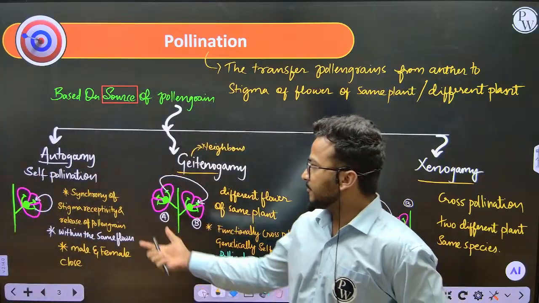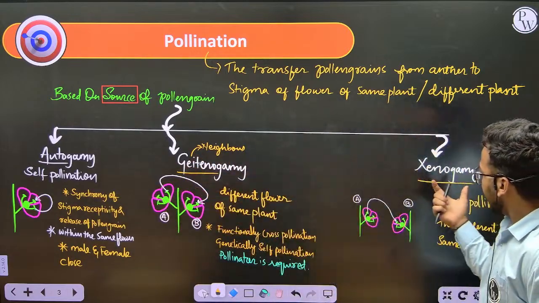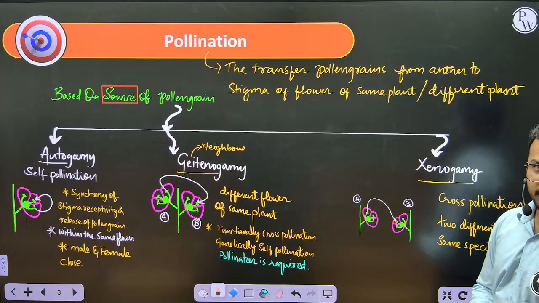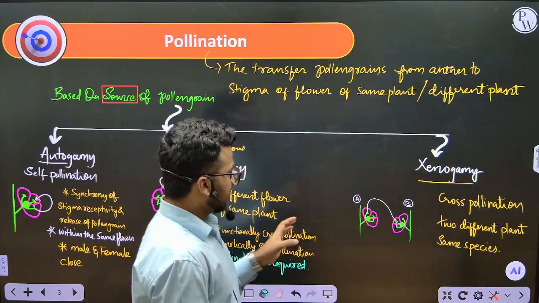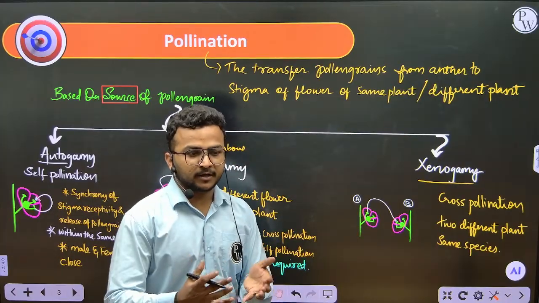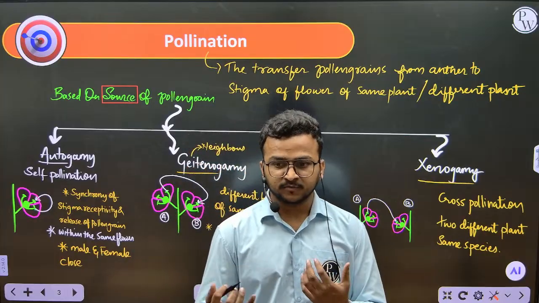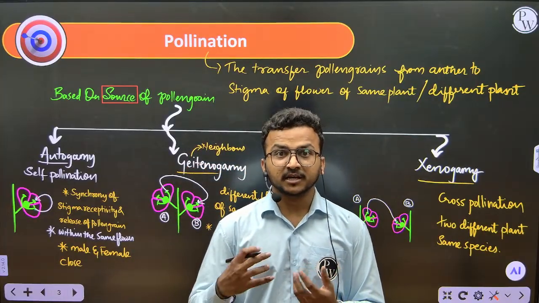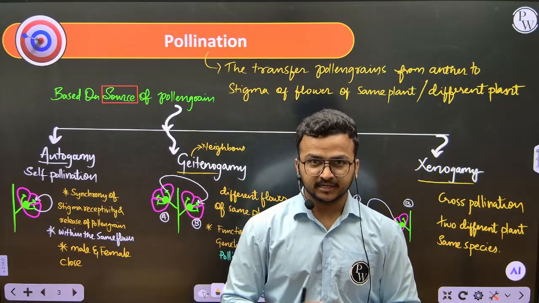We have autogamous flowers, geitonogamous flowers, and xenogamous flowers. Which one would be very nice to get a proper offspring with a lot of variations, which are required for environmental adaptation in the next generation?